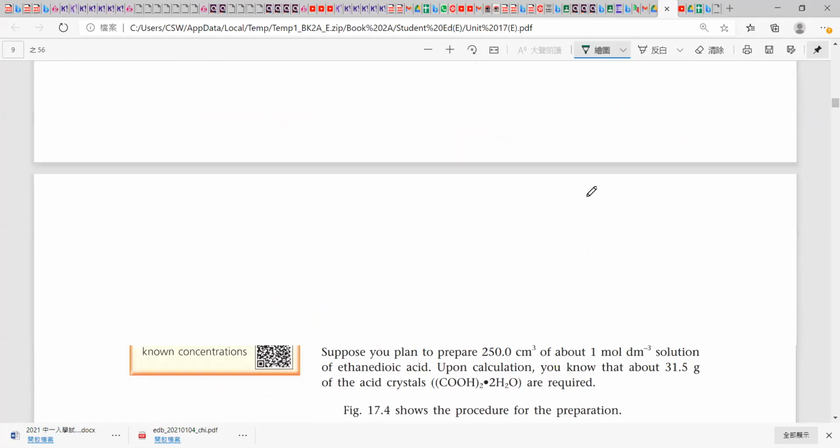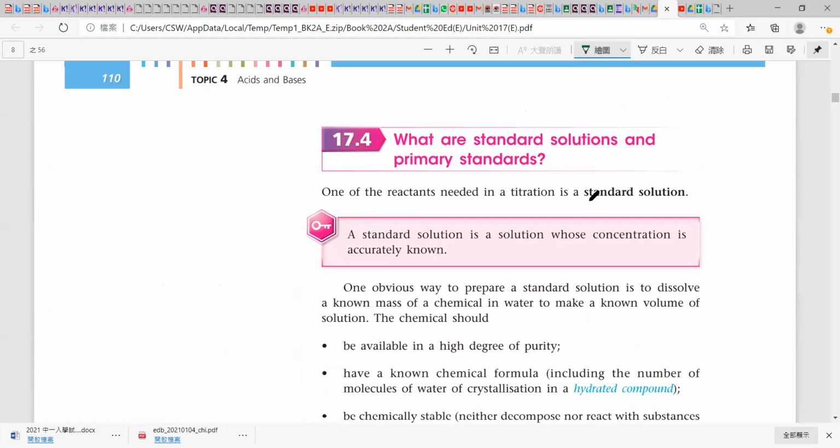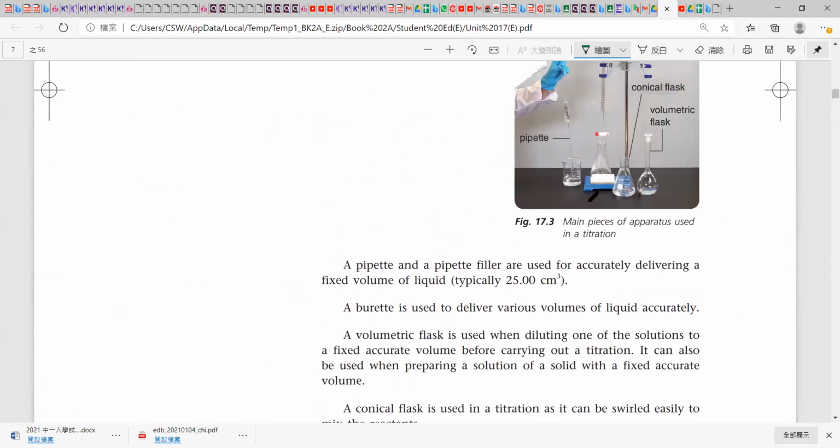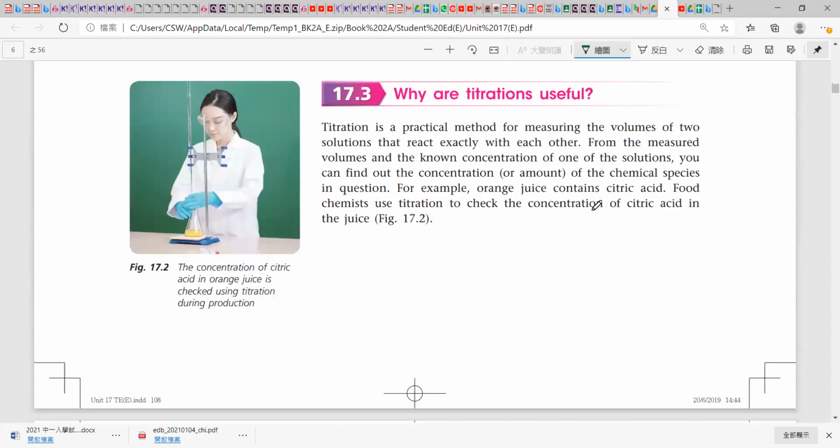Last time we talked about titration in the preparation of water-soluble salt, especially for group 1, right? Sodium chloride, potassium chloride. Titration is a practical, experimental method to measure the volumes of the two solutions that react exactly. So underline the term react exactly.